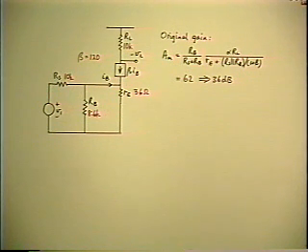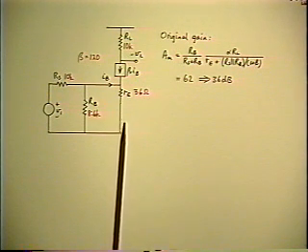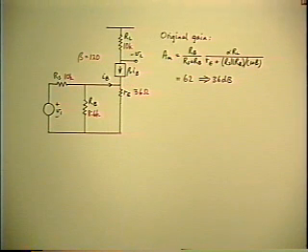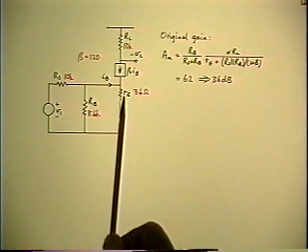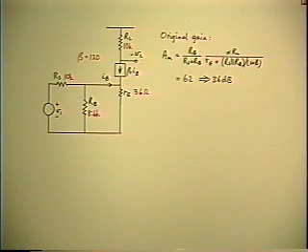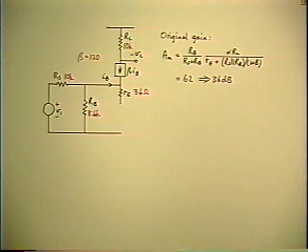That's the mid-band or infinite frequency gain when coupling and bypass capacitor are zero impedance. So suppose we've done that. And now we decide we want to find out what happens at lower frequencies when the bypass capacitor is no longer a complete short. So we want to put a non-zero impedance in series with the RE. So to use the extra element theorem, the first thing you do is break the circuit at the place where you're going to put the extra element, and you calculate two driving point impedances.